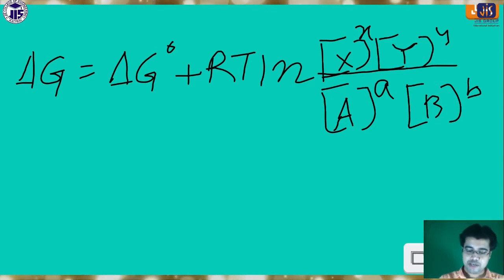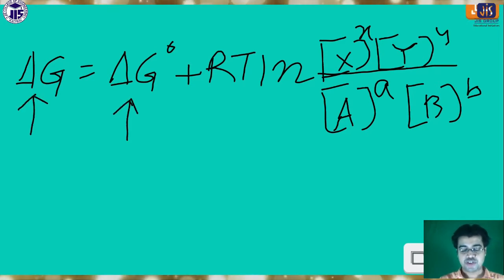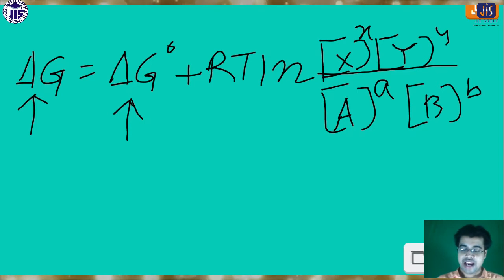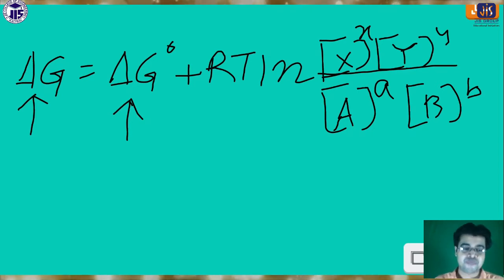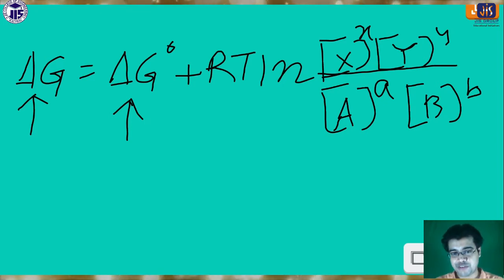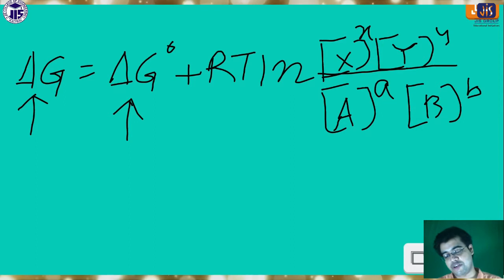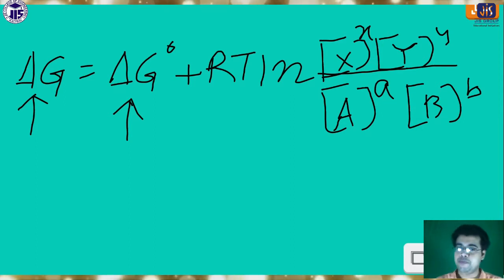This is the change of Gibbs free energy, and this is the change of standard Gibbs free energy. In the upper side there will be the concentration of the products, in the power there will be the coefficients of each product, and in the lower side there will be the concentration of the reactants, with their coefficients in the power.